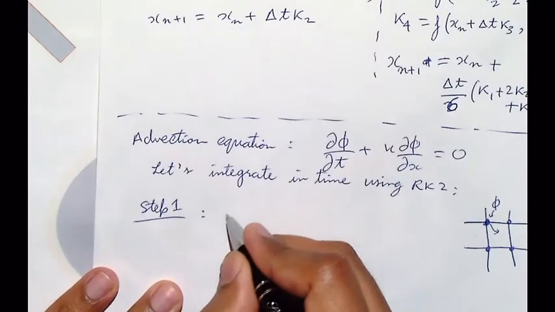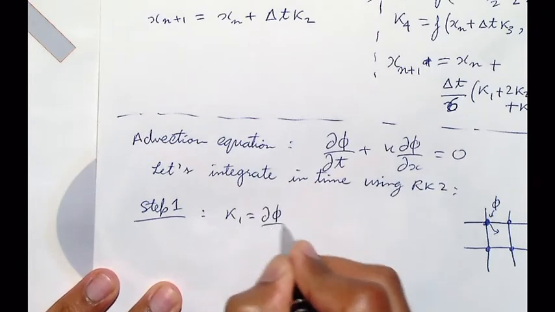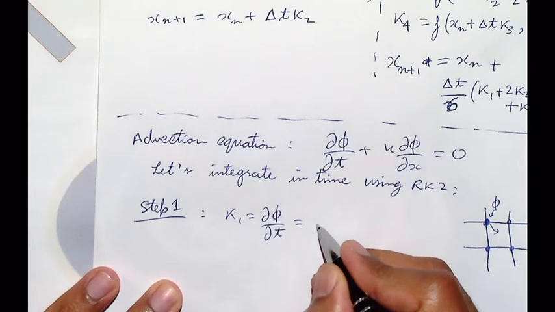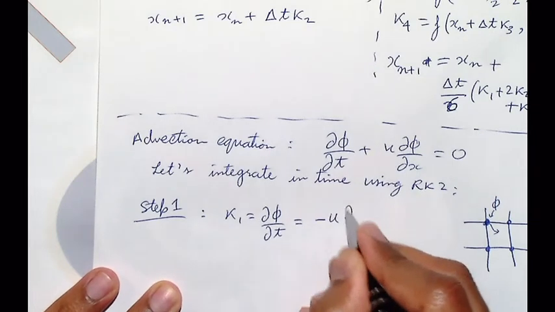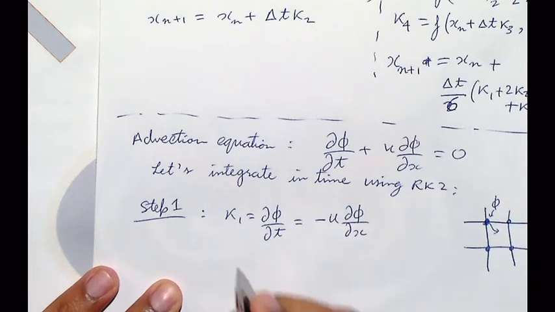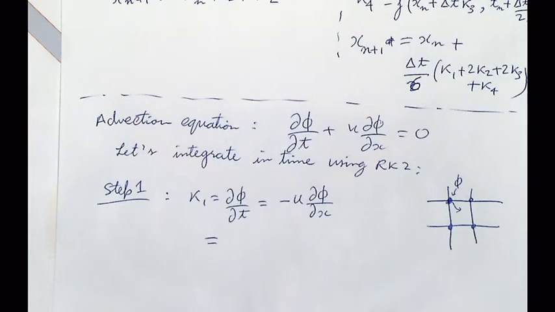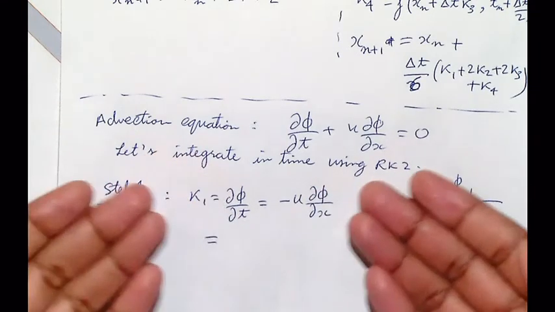So we will say k1 equal del phi by del t, which in this case is minus 2 d phi by dx.